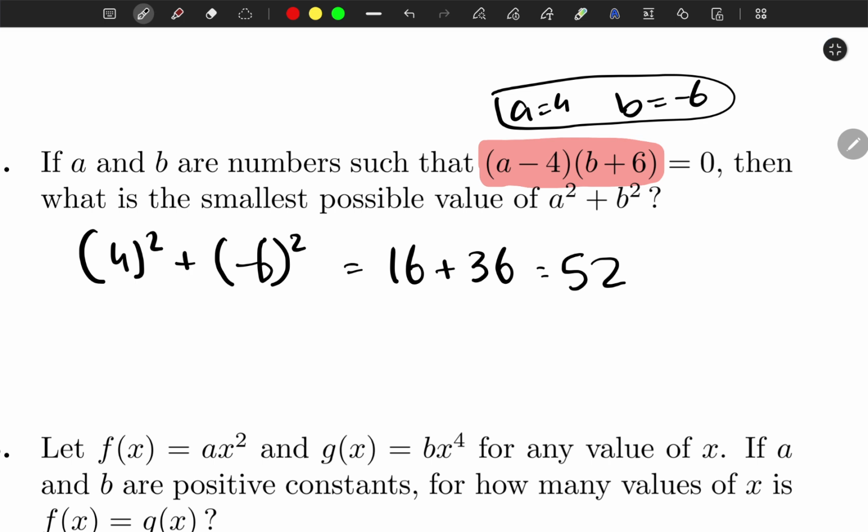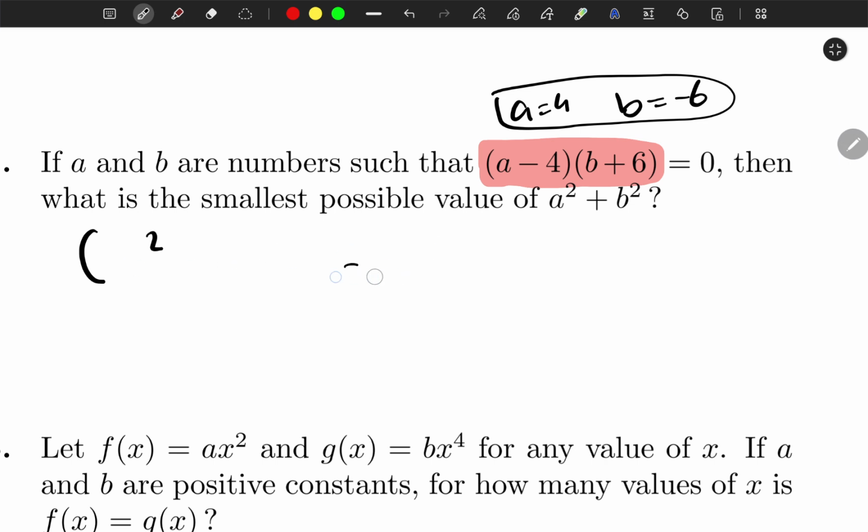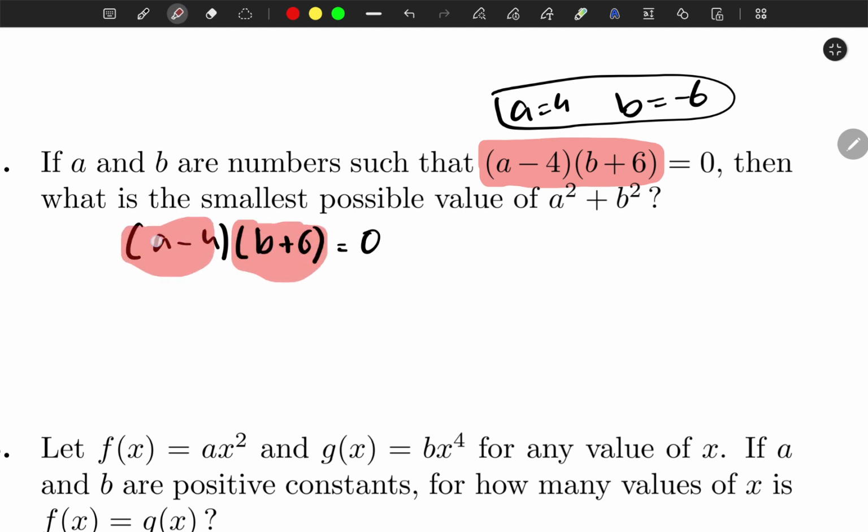Oh wait, I think I got it. Wait. Okay, so I guess because we have this whole thing equal to 0, what we can do is, yeah, so basically if this is equal to 0, one of these factors has to be equal to 0, right? Because then you're multiplying with that and that's going to give you 0.